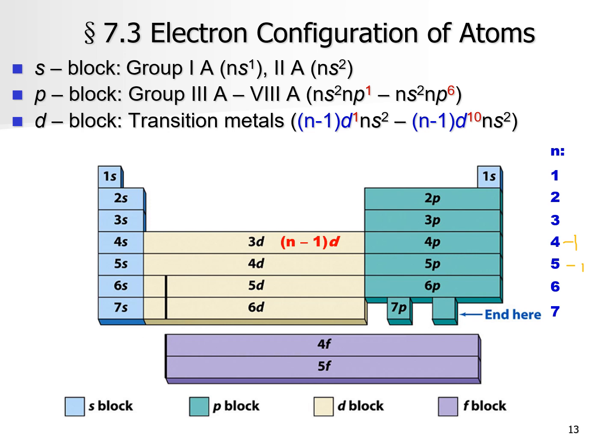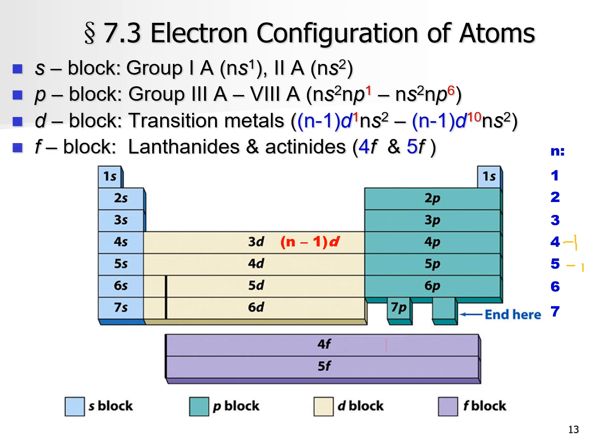The last 2 rows of elements are what we call f blocks. There are 14 columns. For the f subshell, we understand there are going to be 7 orbitals, 2 times 7, 14. So we can have 14 elements represent those electron arrangements from f1 to f14.